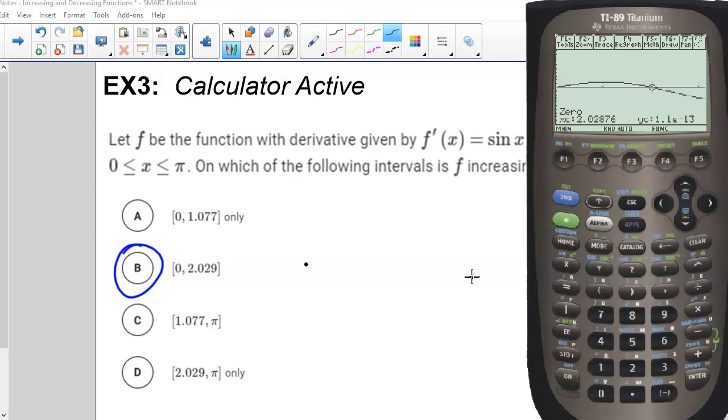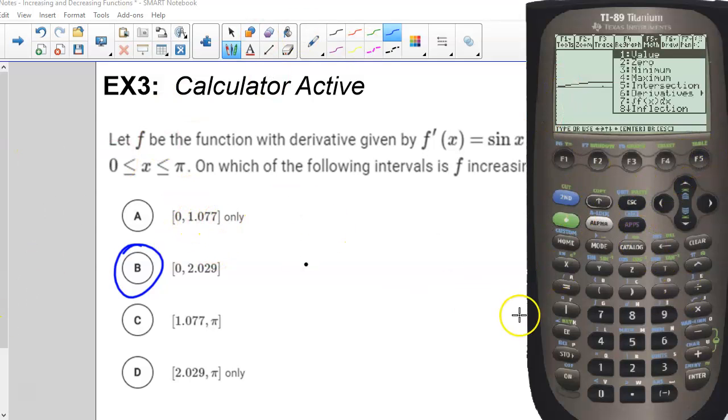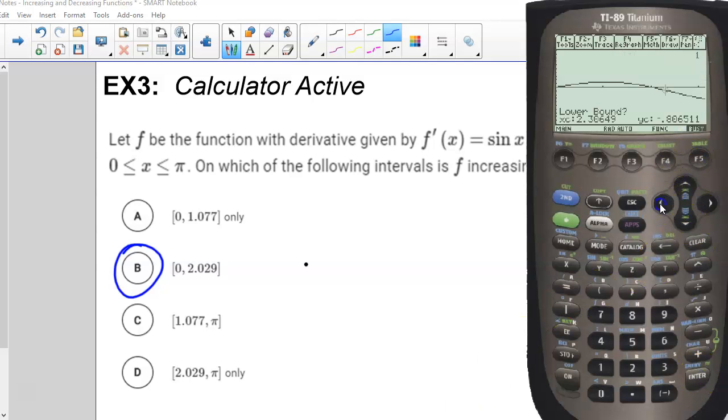Okay. One of the most difficult things about this whenever you're looking at the graph is you've got to remember what you're looking at, because a lot of students want to say that it's increasing, and see, this is what they'll do to you on this one too. I bet you anything that maximum is at 1.077. If you do find the maximum point, goodness gracious, this is slow.